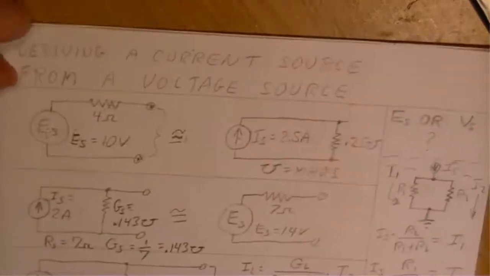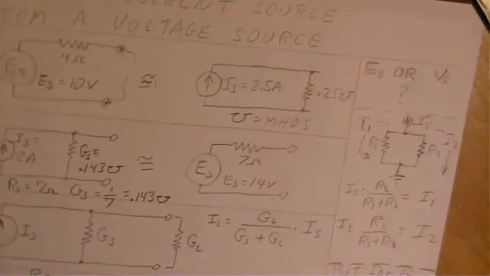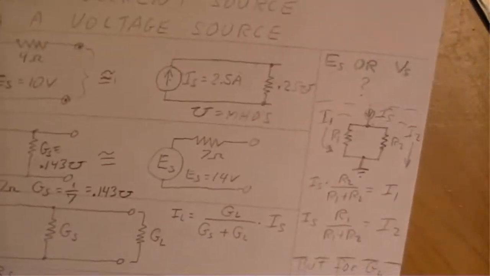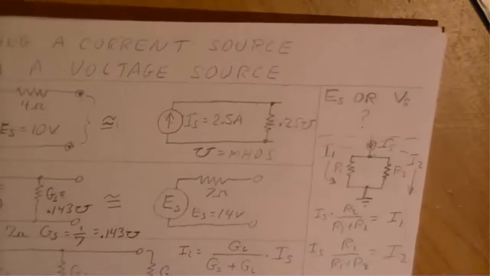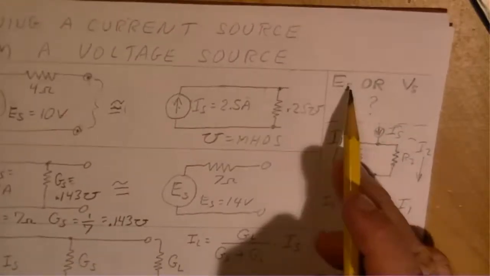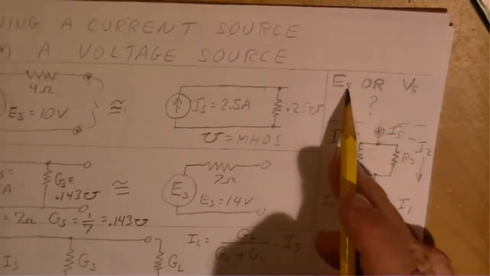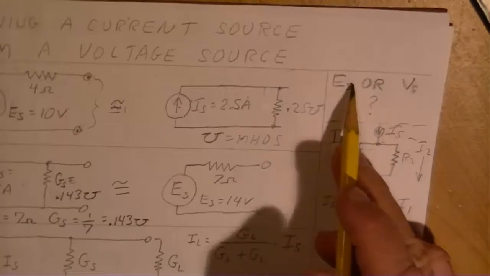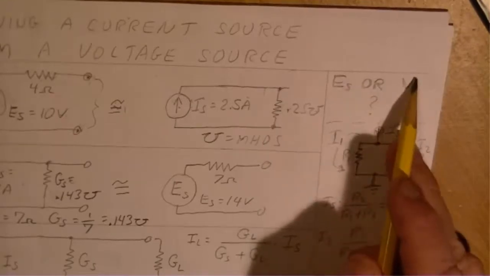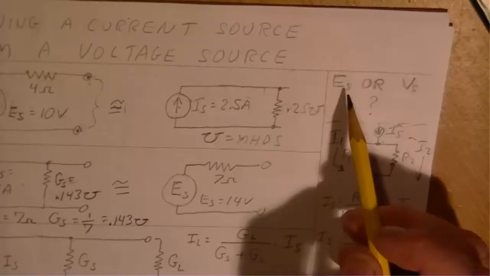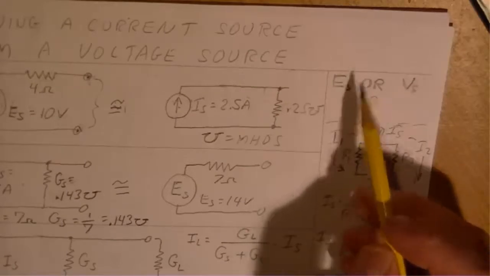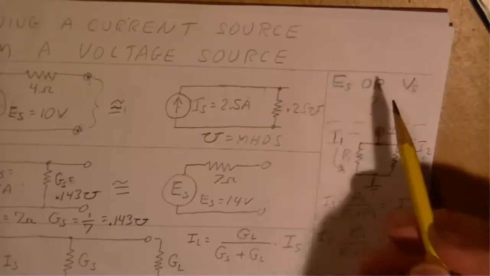First of all, before I get started, there are some things to remember. Number one, E subscript S is a more generic term than VS. If somebody says, draw me a voltage source, you don't know if that's AC or DC.